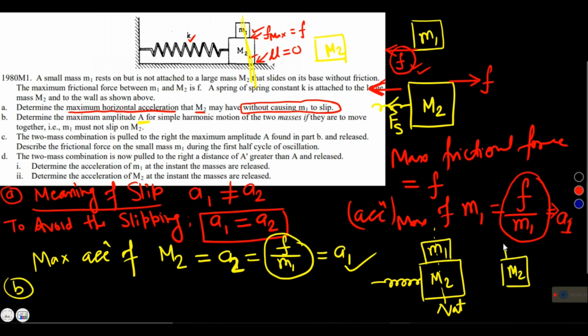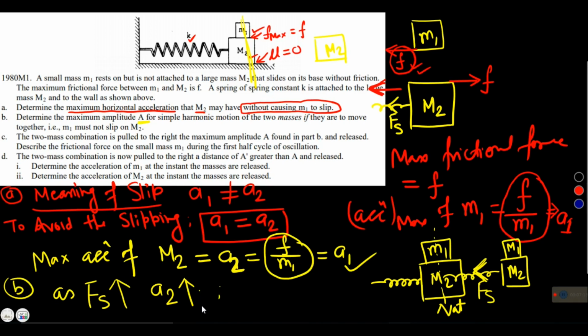As you extend more, there will be a large spring force. So as first we want to understand the question: as Fs increases, the acceleration of block m2, that is a2, will also increase, right?